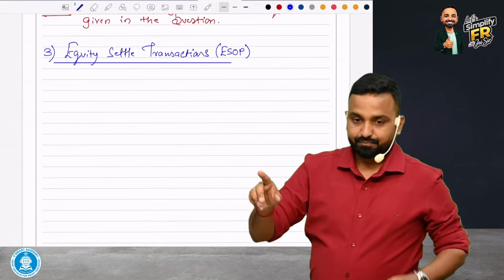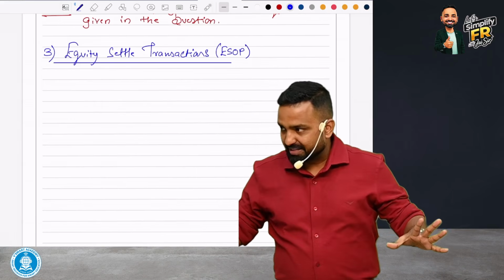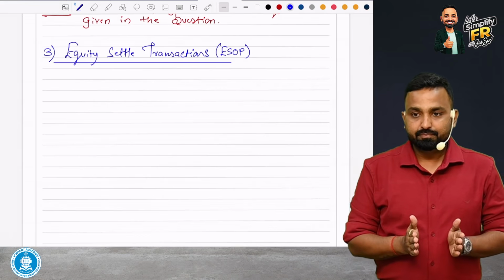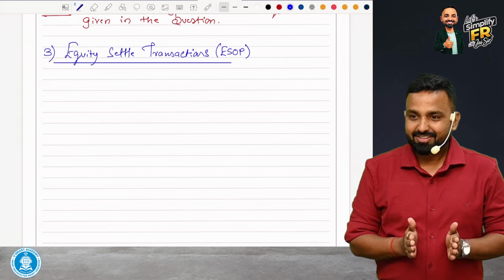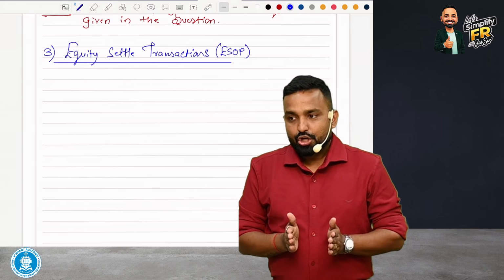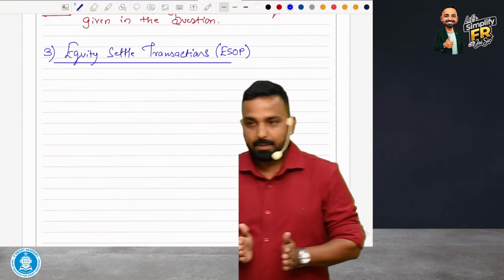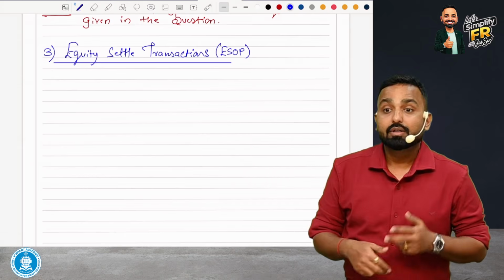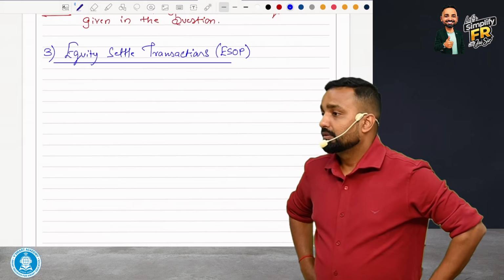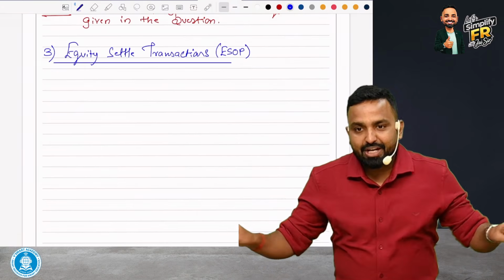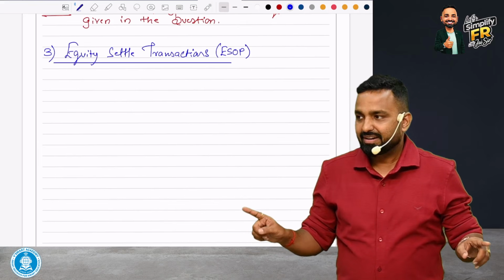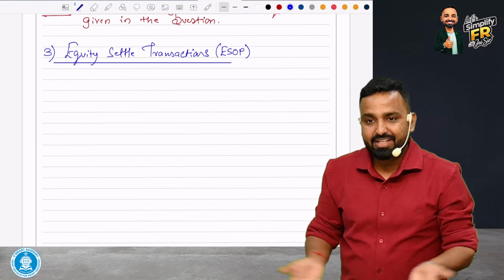So let's make a formula. First of all, number of estimated employees multiplied by number of options per employee multiplied by fair value, whole divided by 3, because overall 3 years are there.